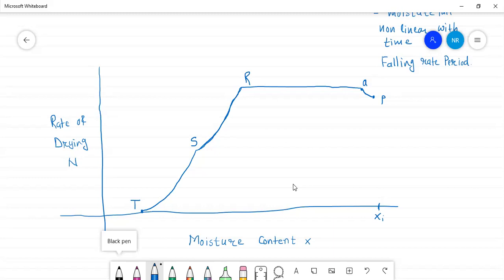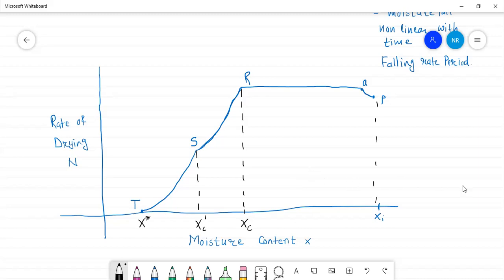We have the points XC, XC dash, X star, and here Xi. So it follows the same way as the curve above.